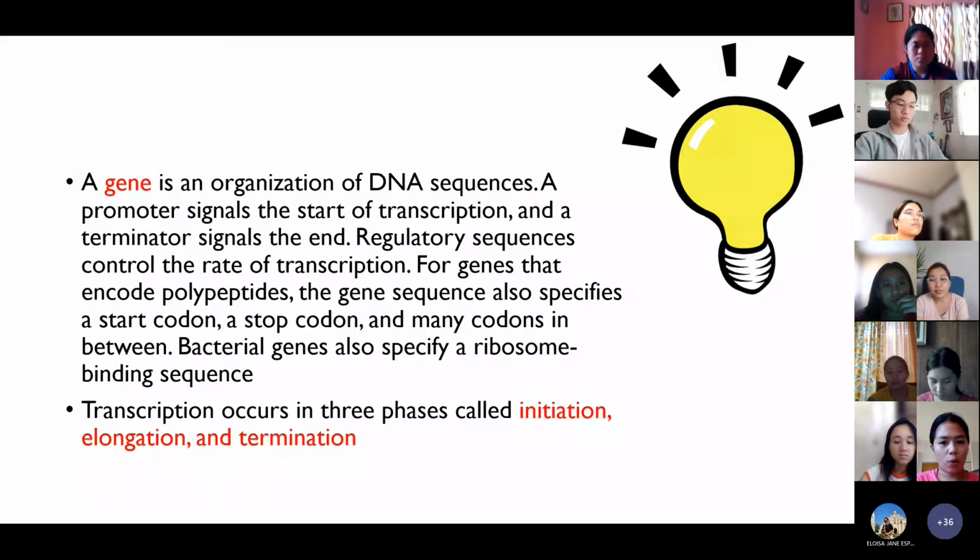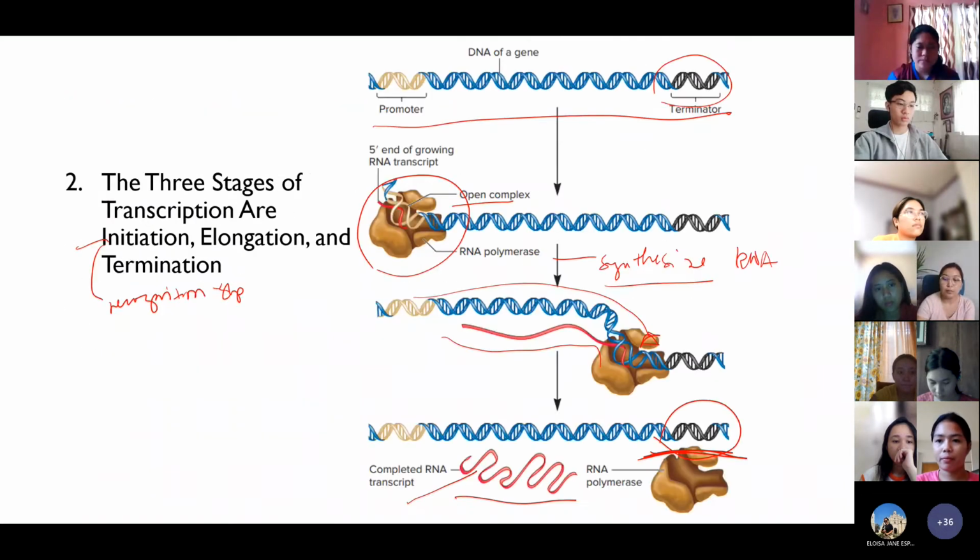We also have a specific start codon, stop codon, and codons in between in our mRNA. And for transcription, it mainly occurs in 3 steps: the initiation, the elongation, and the termination.